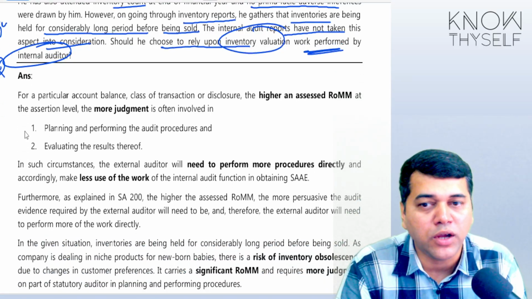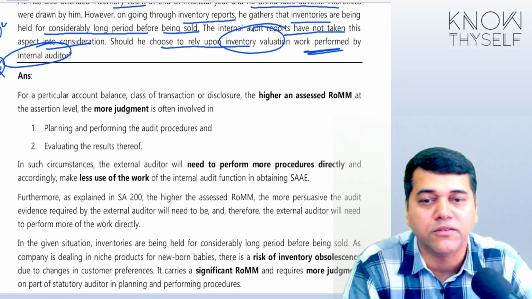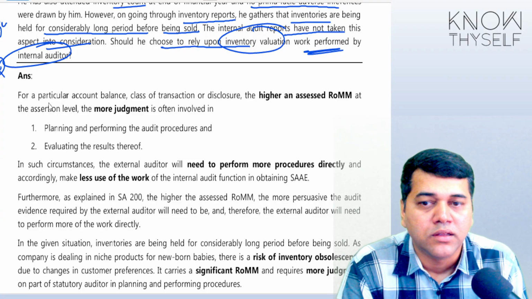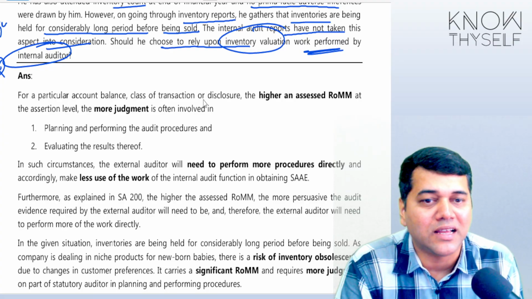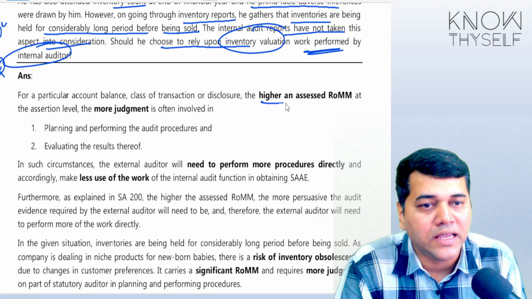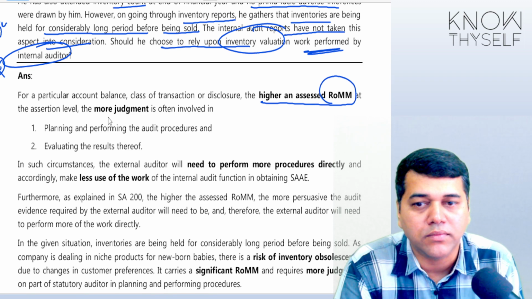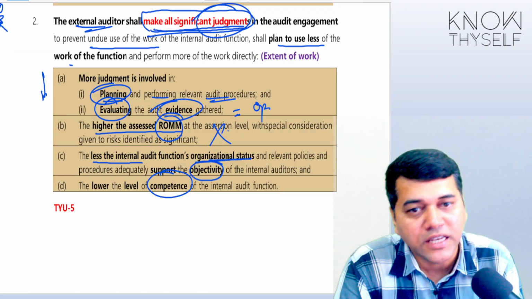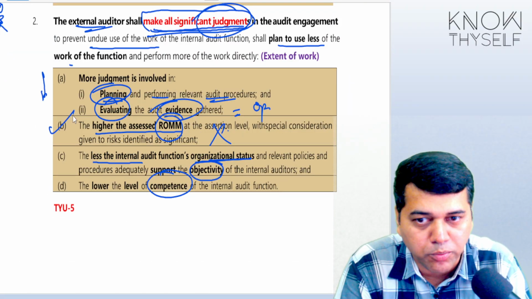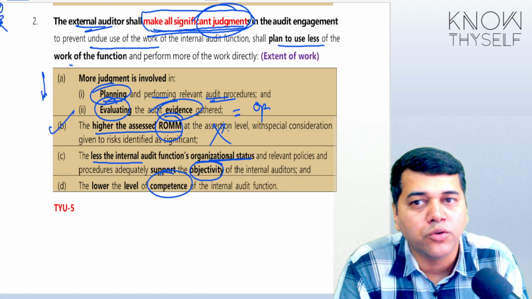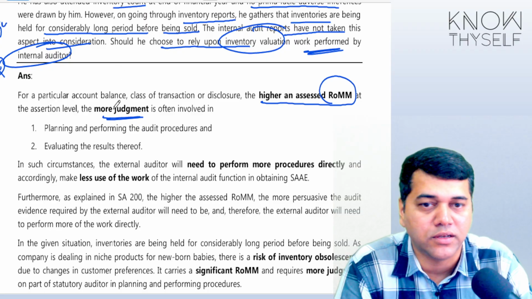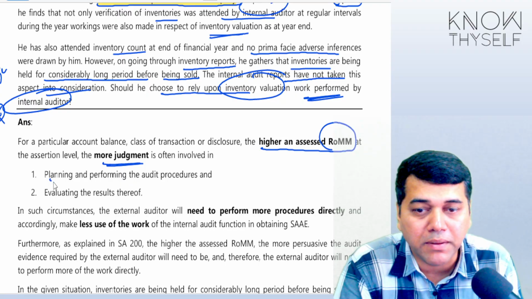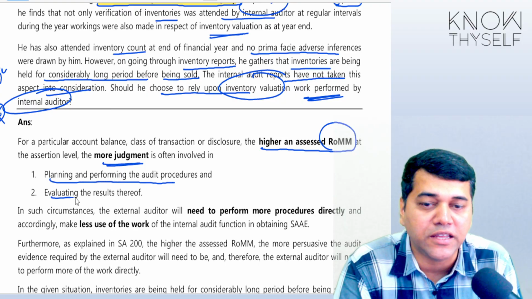Okay, so now you have to talk about this reliance on the work of the internal auditor. You say that for a particular class of transactions, balance or disclosure, the higher the assessed ROMM, the more judgment will be required. So the moment you see that the inventory value is very high, the risk is very high, so more judgment will be involved in planning and performing the procedures and evaluating the results.